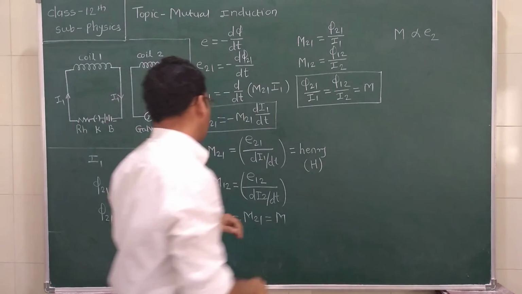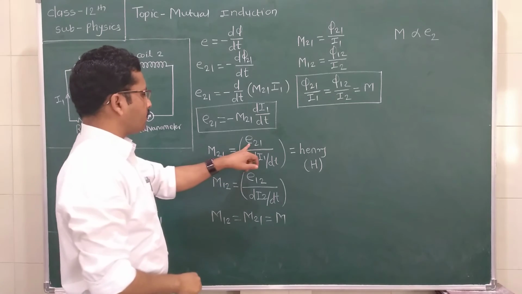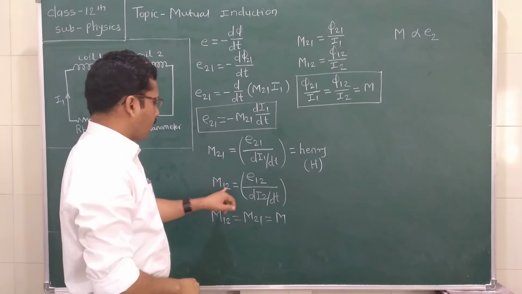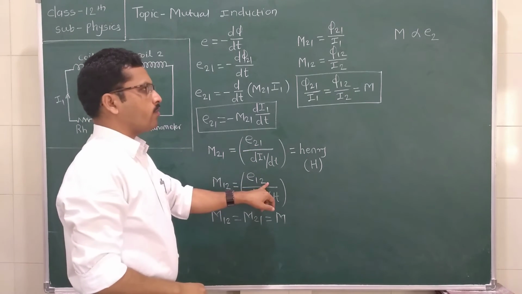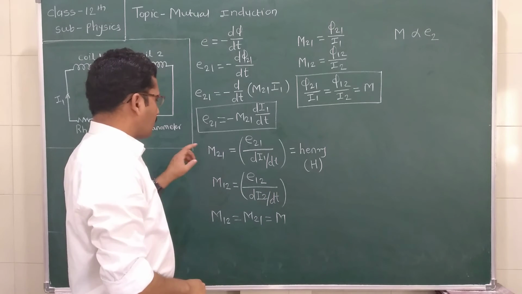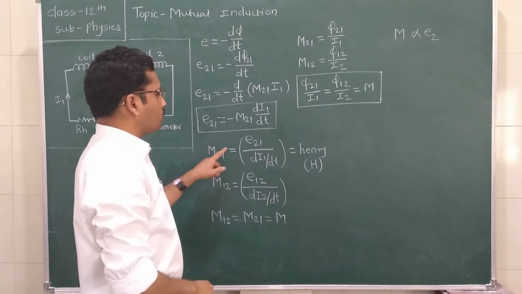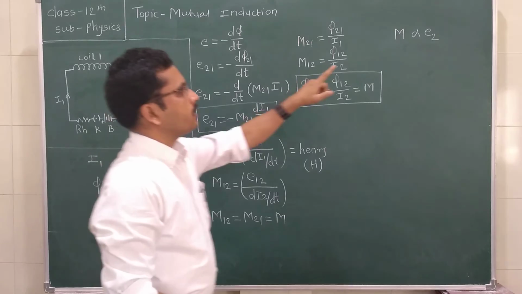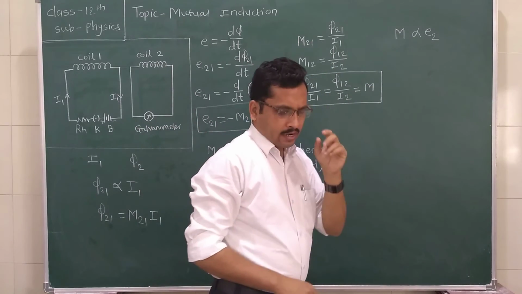Okay, how? M21 is proportional to E21 and M12 is proportional to E12. So we can write that M is proportional to E2, that is the EMF produced in the second coil.